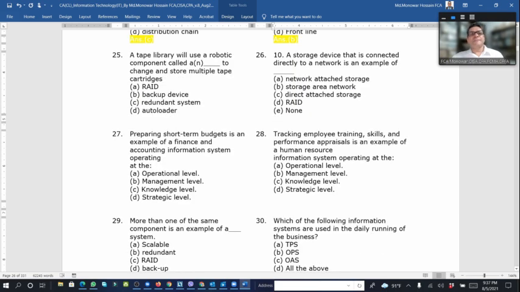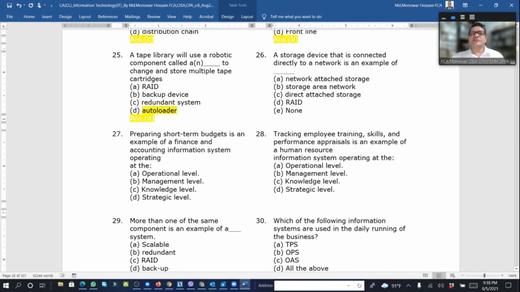A tape library uses a robotic component called dash. Look at the 4 items: changer, store, multiply tab, cartridge, autoloader. What would be the answer? It is autoloader.